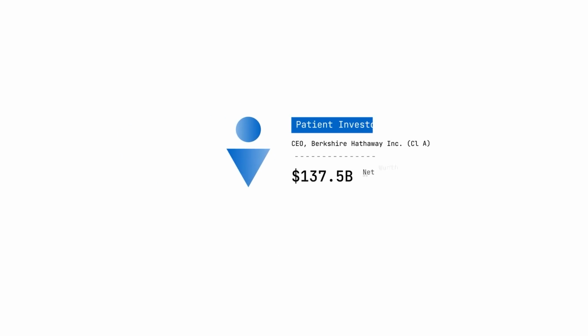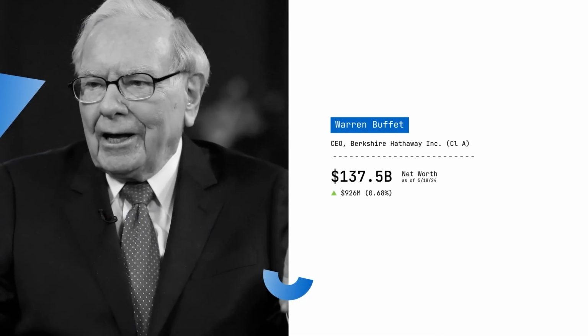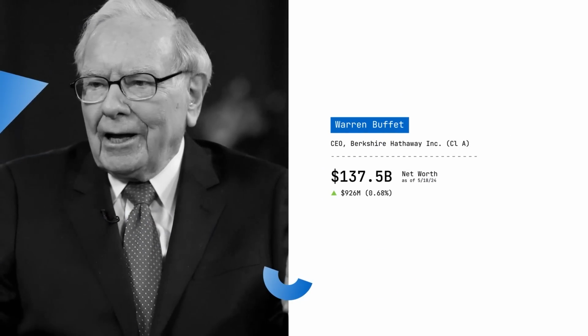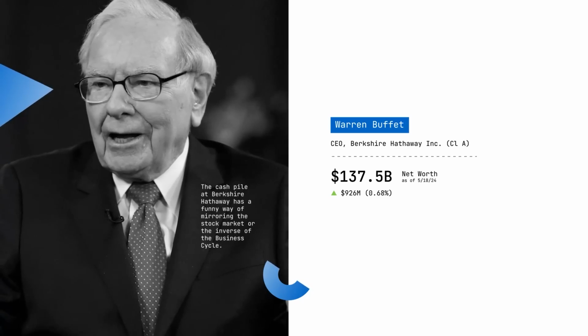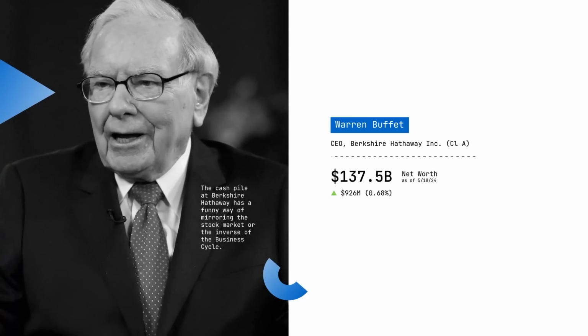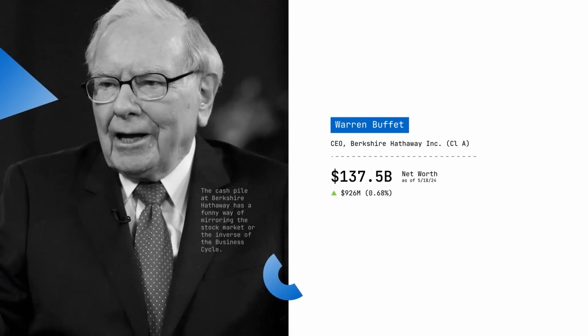The prime example of a patient investor using an approach like this, although he'd strongly deny the characterization, is Warren Buffett. Buffett will always suggest that his actions are solely based on finding attractive deals, but the cash pile at Berkshire Hathaway has a funny way of mirroring the stock market or the inverse of the business cycle.